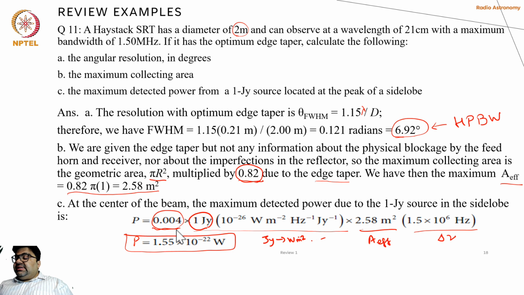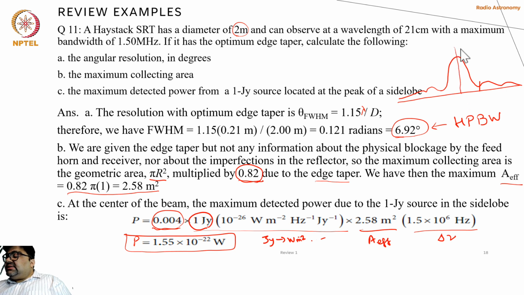Here we are doing this just to make you aware of the fact that a source may not come into the primary beam but through the side lobe, as we have discussed. If you have the primary beam, and then this is the null, if you draw that, this is the center, this is P naught, the maximum value.